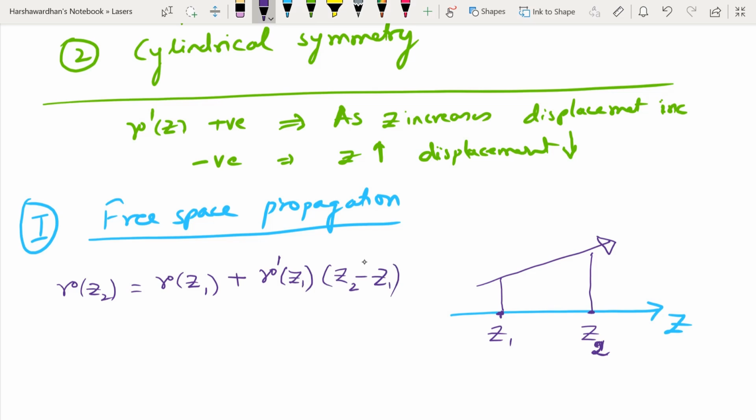Clearly, if this point is r at z1, we are talking about this point which is r at z2, right? Similarly, one can ask what has happened to r prime at z2, and we will realize that r prime at z2 has continued to remain as r prime at z1.